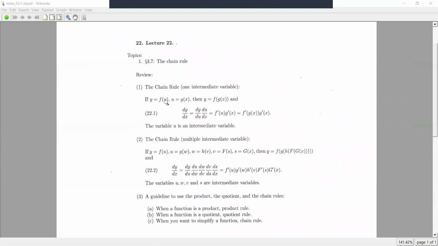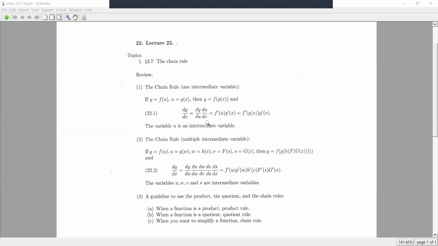If y depends on u and u depends on x, then y depends on x. Therefore, y is a function of x. The chain rule says that the derivative of this function is equal to the derivative of this function times the derivative of this function. dy/dx means derivative of this function. dy/du is the derivative of this function.